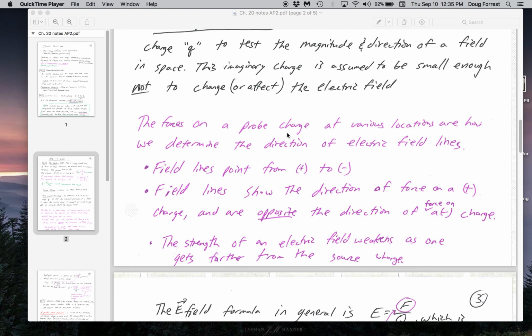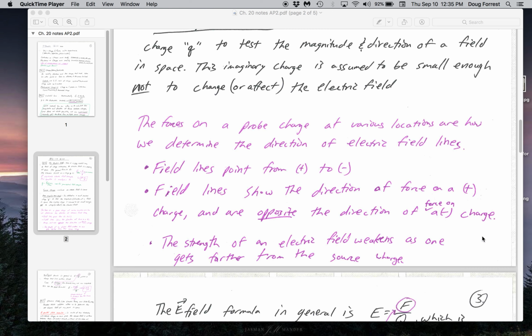So forces on a probe charge or test charge determine the direction of field lines. Field lines by convention or definition point from positive to negative, just because people have agreed on that. So that's how we visualize the electric field. Field lines show the direction of the force on a small positive test charge. They're opposite the direction of the force on a negative charge.